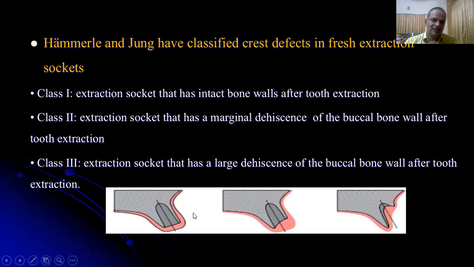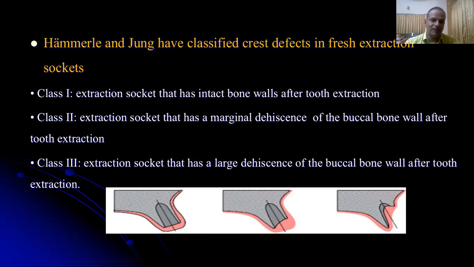So whenever it is possible to achieve a good initial stability of 40 to 45 Newton centimeter, the implant can be connected with the healing abutment, and the implant can be placed with the one-stage surgical technique, where it is easier for the soft tissue approximation.